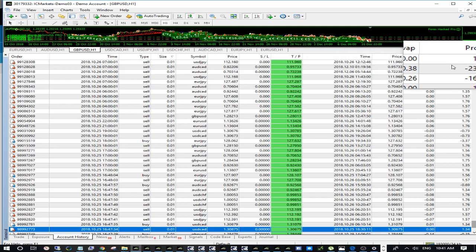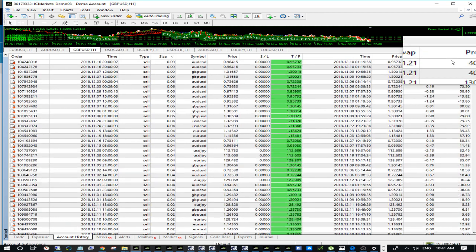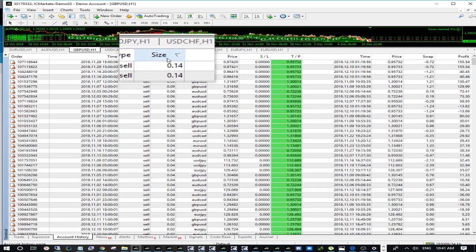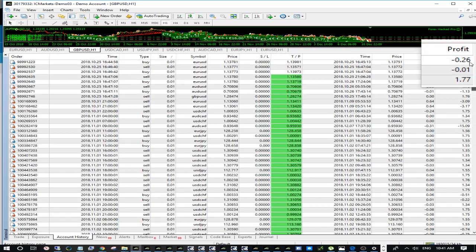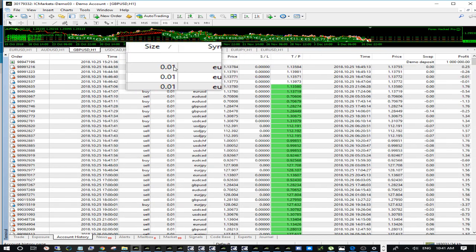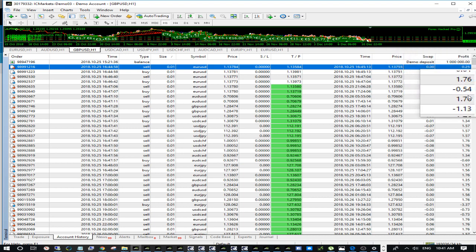On the right side you can see how many trades and what kind of profit those contracts create. 0.01, as you can see on the right side, amounts for about these types of profits.